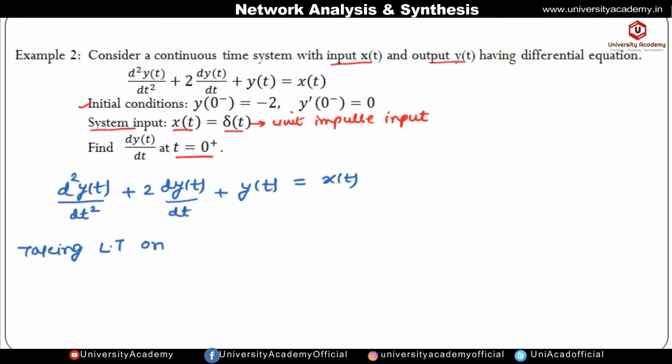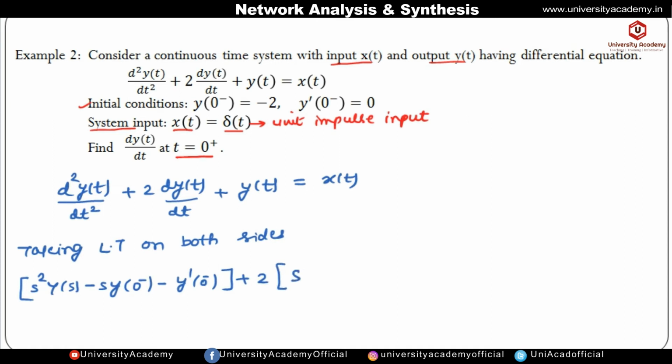Here there is a second order derivative, so it will be s square y of s minus s into y of 0 negative minus y dash of 0 negative, then plus 2 s into y of s, because it is a first order derivative, minus y of 0 negative.